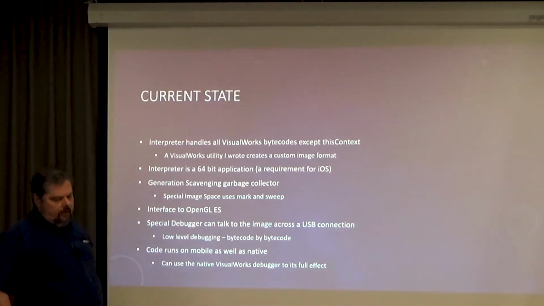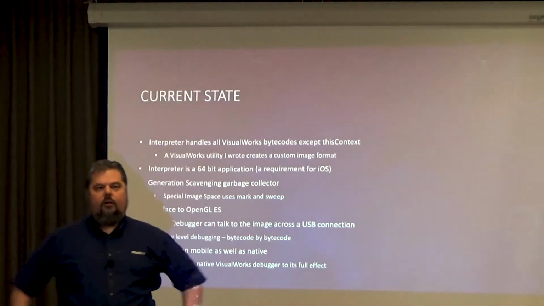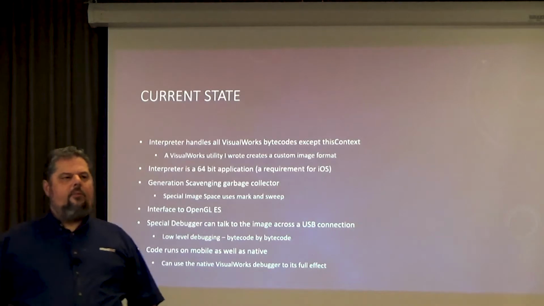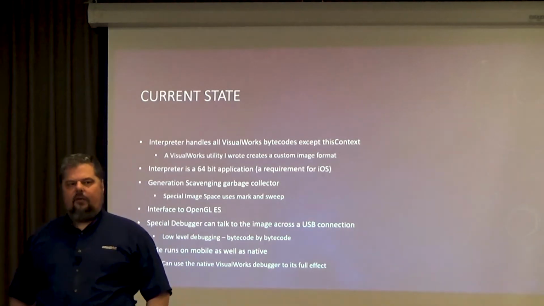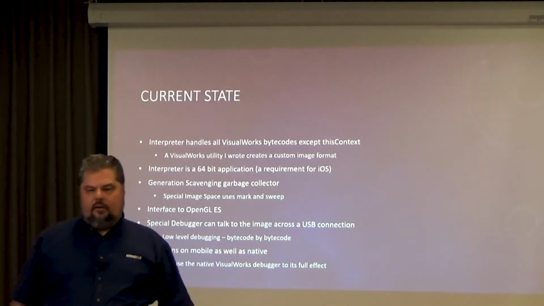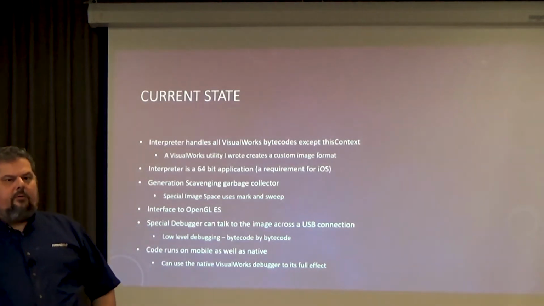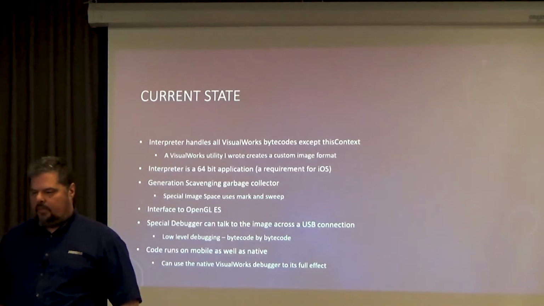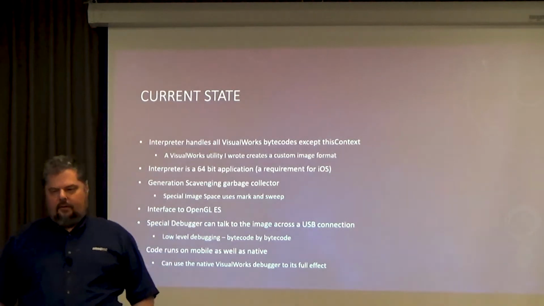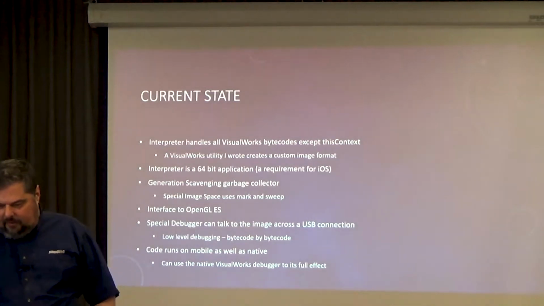The interpreter is now a 64-bit application. It started off being a 32-bit application because my development started on Android. And at the time, 32 bits was perfectly fine for iOS. And then Apple went and changed their policies. Curse Apple again.